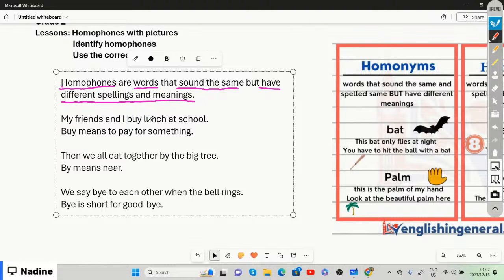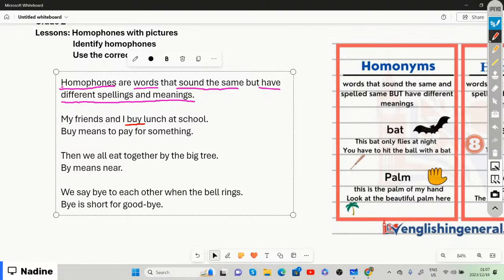The word buy, I'm just going to underline that word. It says, my friends and I buy lunch at school. And this specific word buy means that you are going to pay for something.